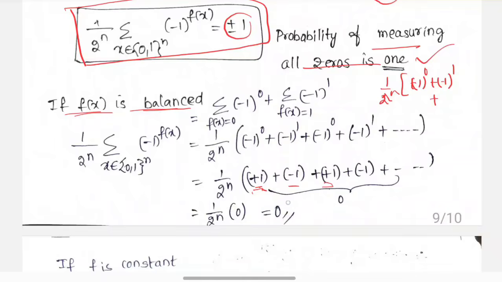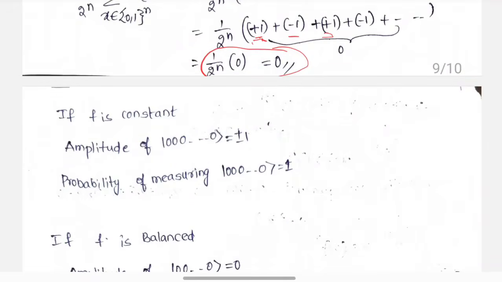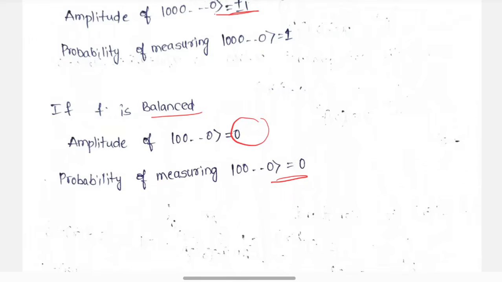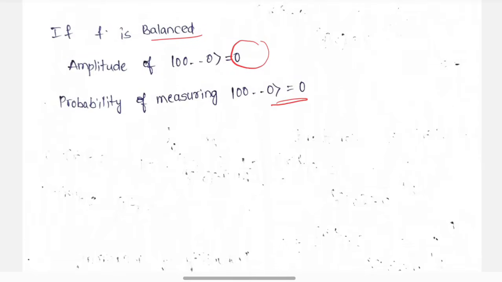If you add up all those things, you will get 0. 0 into anything will be 0, right? So if f is constant, you get plus or minus 1. If f is balanced, your amplitude goes to 0, so the probability of measuring all zeros is 0. This is about the Deutsch-Jozsa algorithm.